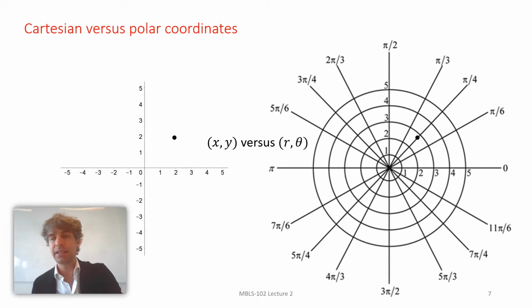And the theta gives you the angle to the positive x-axis. There's no x-axis now, really. All right, so these are coordinates that describe points just as well, but just differently. And you have to be able, unfortunately, to move back and forth between these two ways of describing points in the plane. So let's have a look at that.